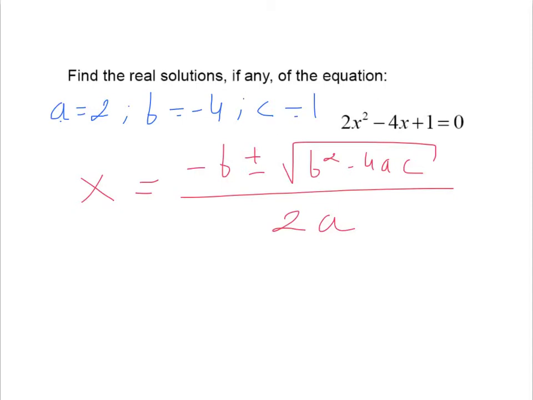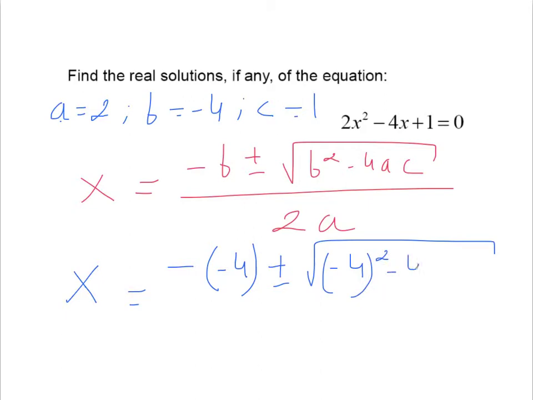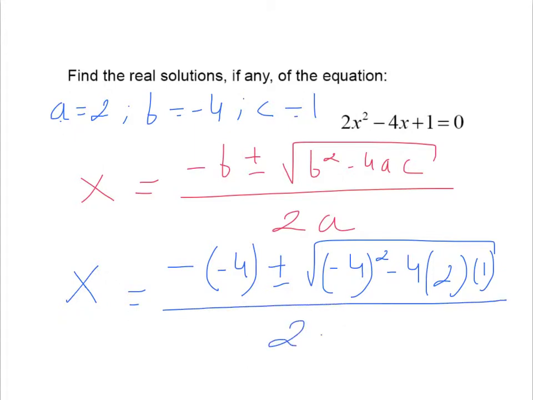We're just going to substitute the numbers. So we get x equals, now minus b is minus 4, plus or minus the square root of minus 4 squared minus 4 times 2 times 1, over 2 times 2.